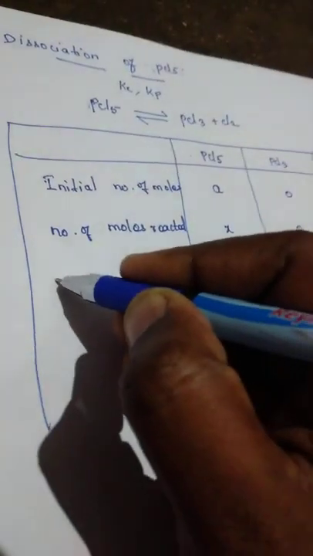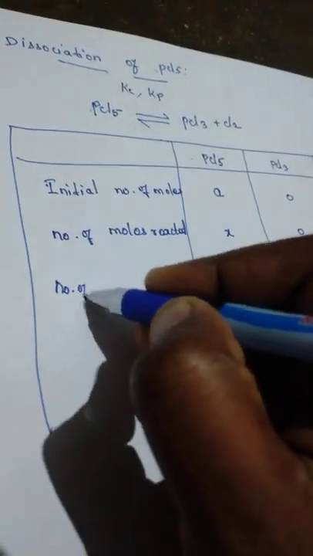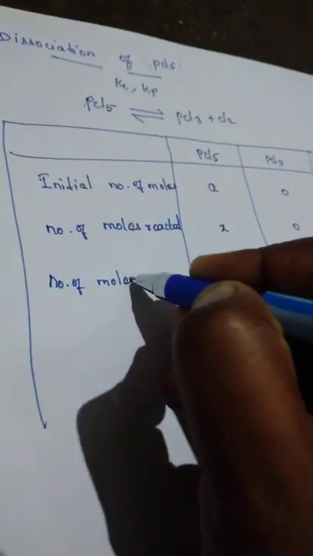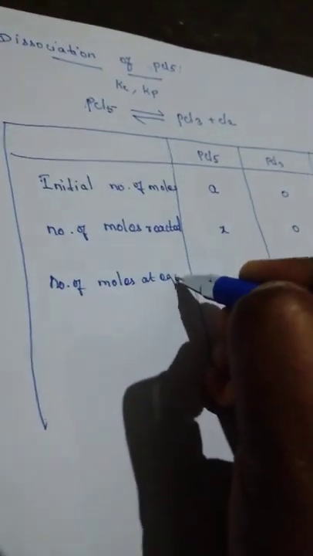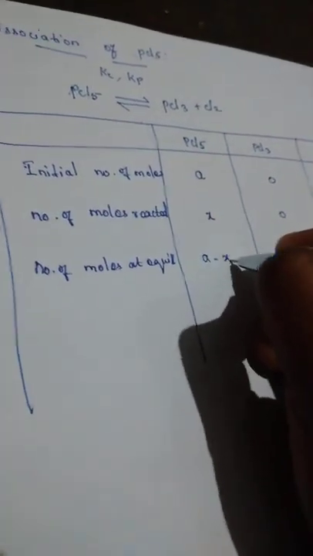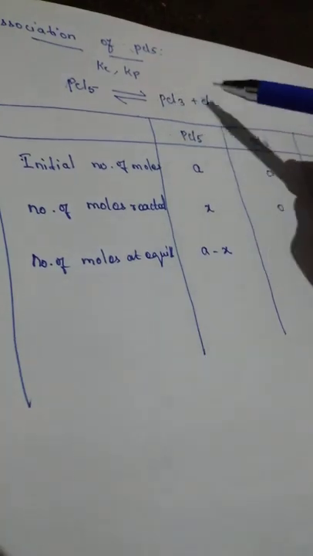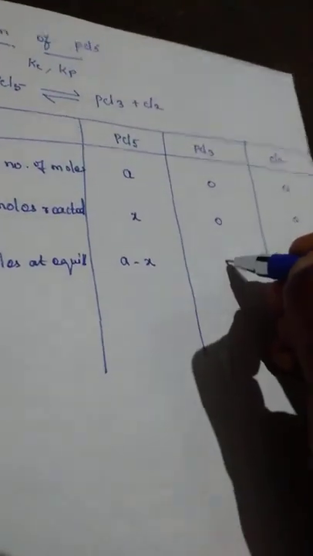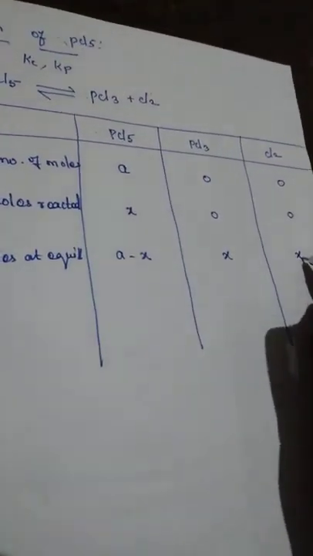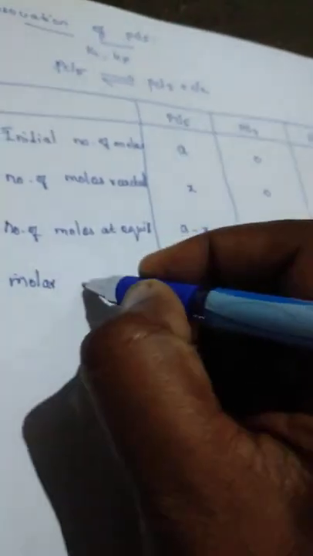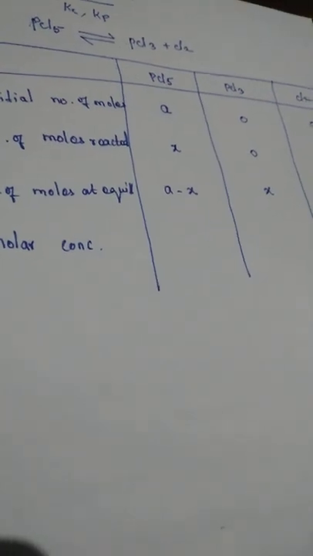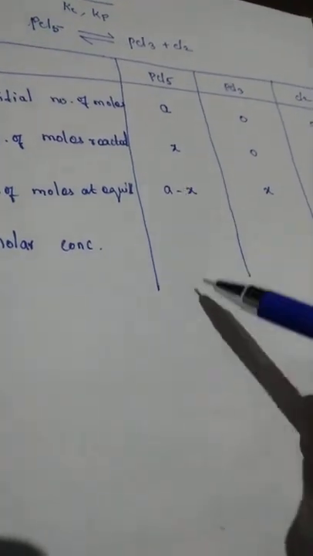Then third, number of moles at equilibrium: for that one just subtract, A minus X. Then for PCl3 and chlorine, you can write X and this also X. Then in the last step you can write molar concentration. Molar concentration formula we already learnt: number of moles divided by volume.